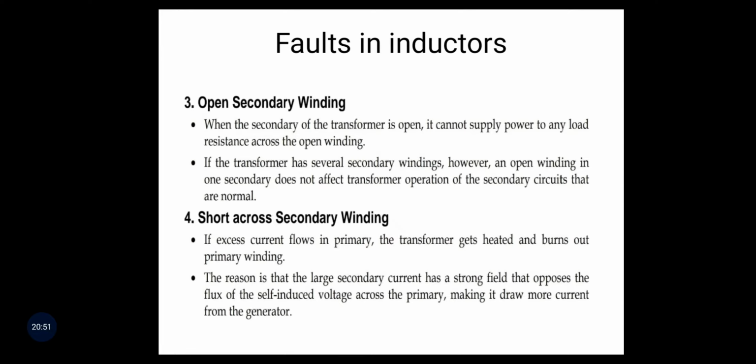A transformer has several secondary windings, but an open winding in the secondary does not affect the operation of the normal secondary circuits. Next one is short across secondary winding.